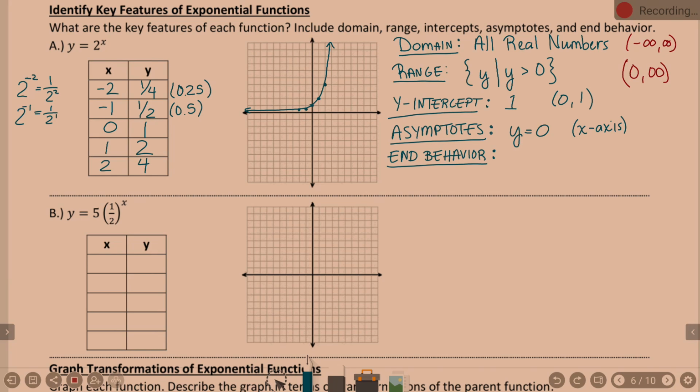So when I write end behavior, what we're examining is what my graph is doing as x approaches negative infinity, and what my graph is doing as x approaches positive infinity. Now it is based on whether your graph is growth or decay. That will affect my answers.